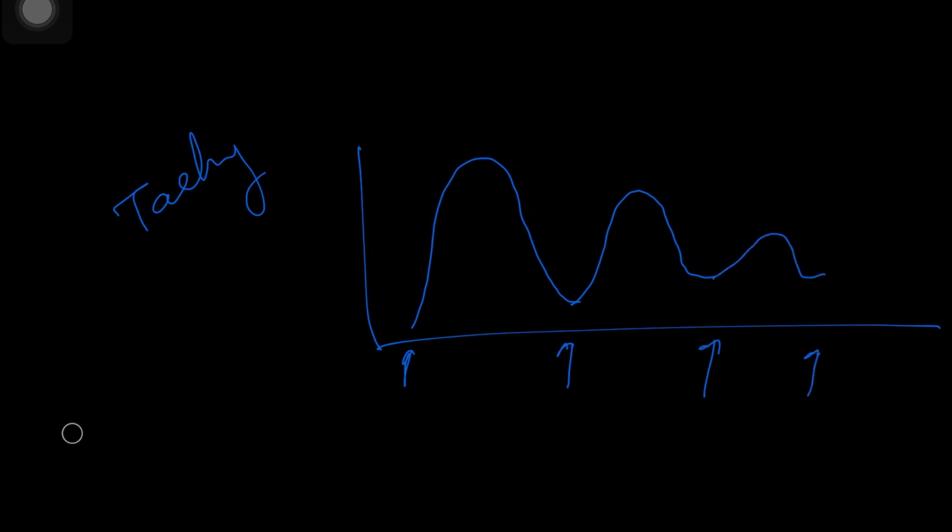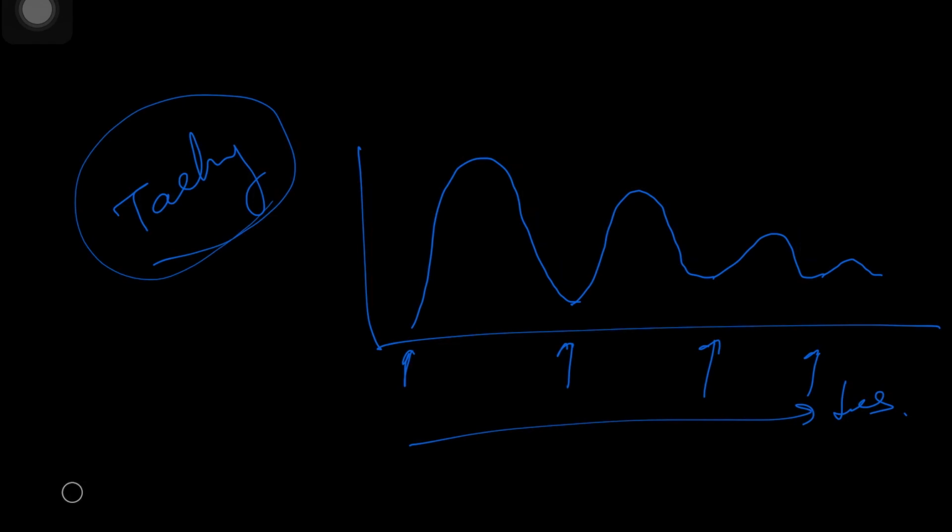Tachyphylaxis is basically a decreased response in a quick session. For example, we have given a drug here and there is a normal response. Again we are giving the drug, there is a decrease in the response. Again we give the drug, there is a decrease in the response. So quickly the response decreases, and this process is known as tachyphylaxis.